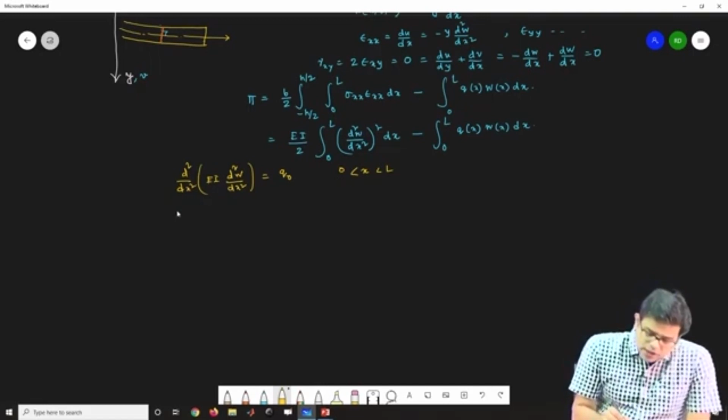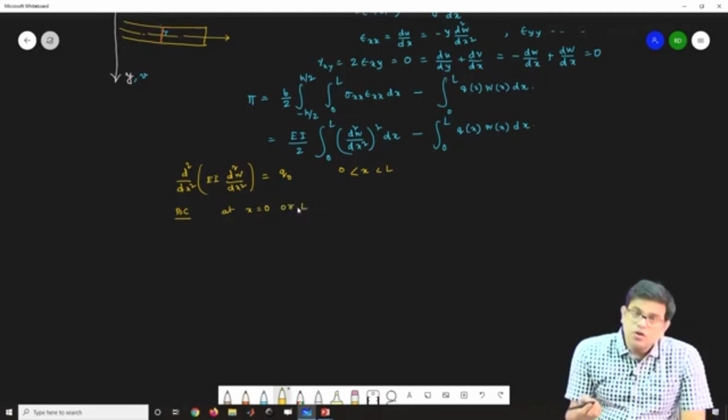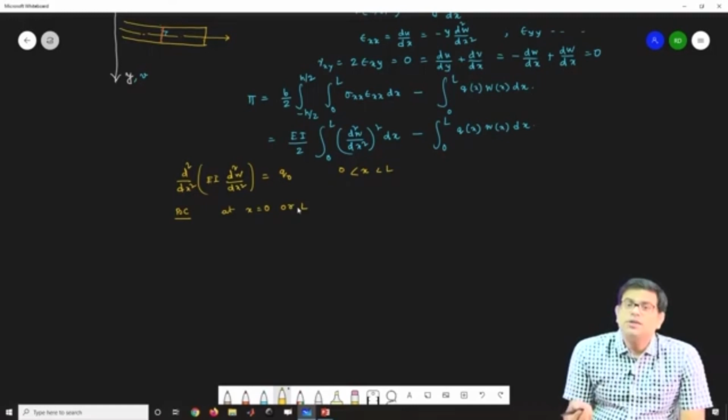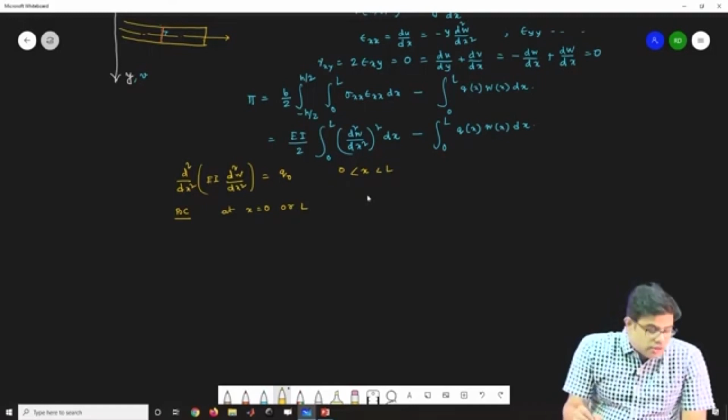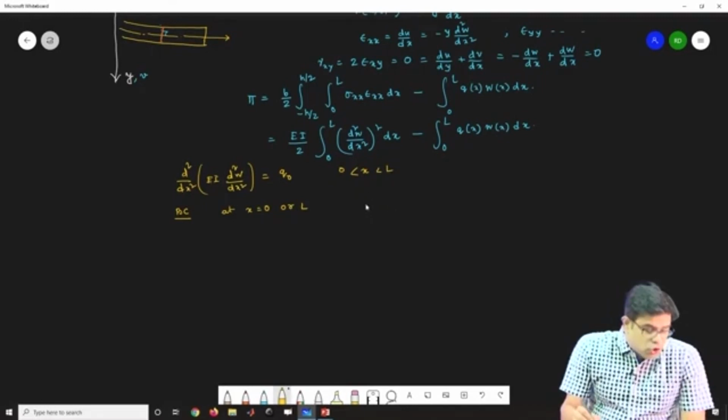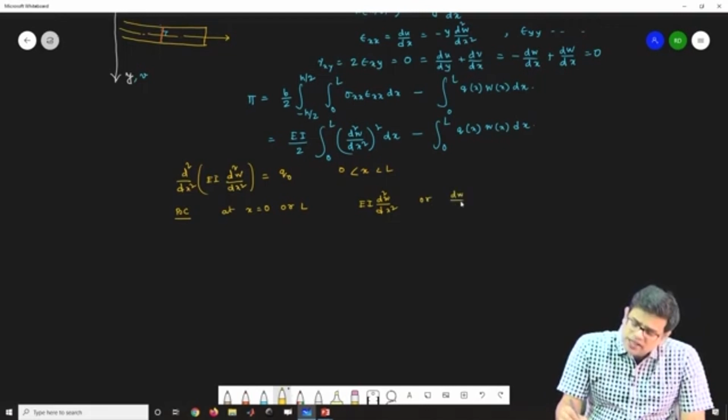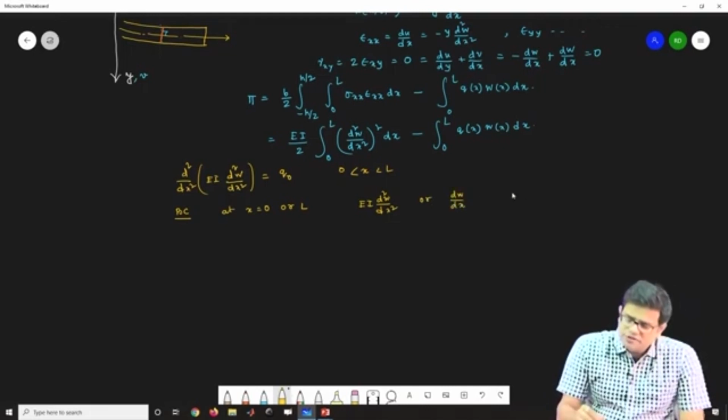At x equals 0 or L, we can consider simple boundary conditions where either moment, that is EI d2w by dx2, or slope, that is dw/dx, should be given.